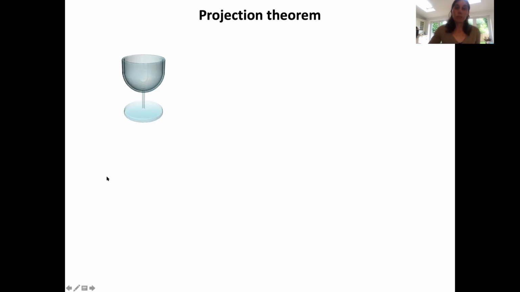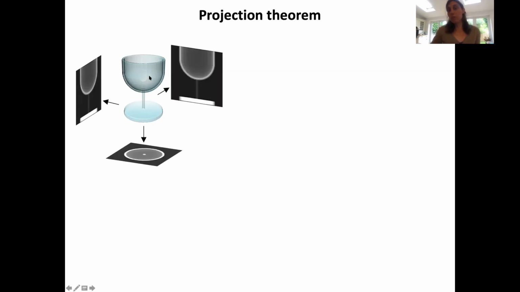If we have an object and we collect two-dimensional projections of it, where projections means the summation of all the density throughout the object along a particular direction, then when the electrons go through this object, they form an image which is the sum of the information they encounter at every plane, like light going through a glass.